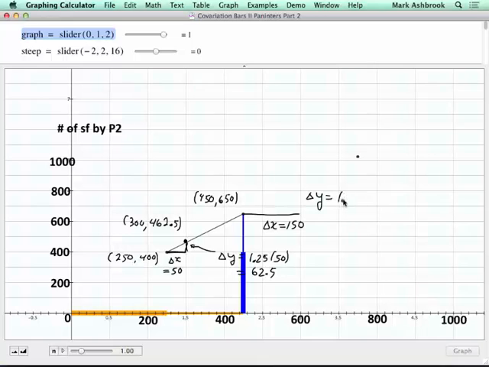He wants 1.25 times 150. What do we think? Delta X. And what'd you get for that? 187.5.